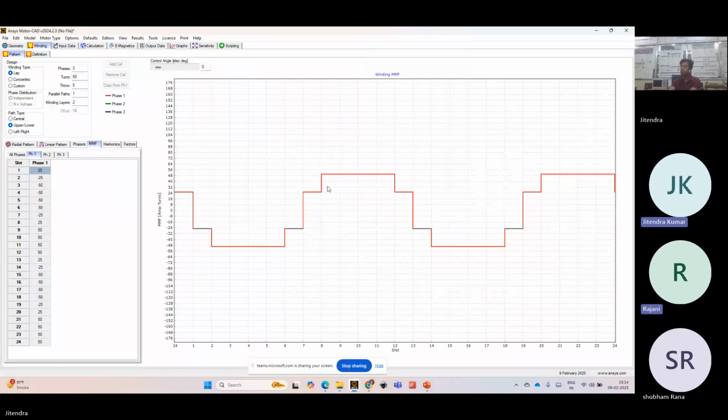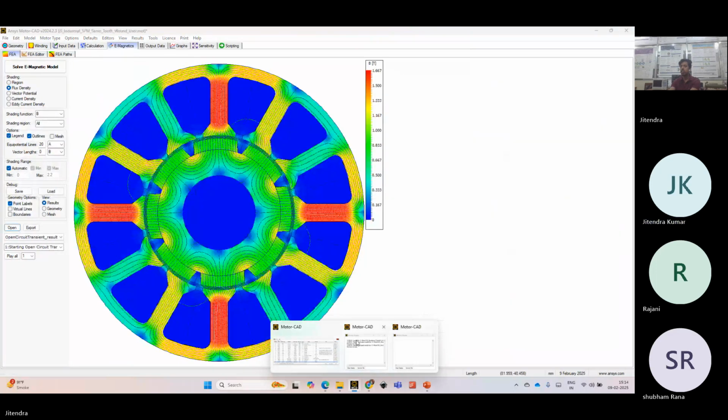If you do the Fourier analysis, this kind of waveform will lead to a more sinusoidal component compared to your concentrated winding. Let me see whether I have a concentrated winding example or not.